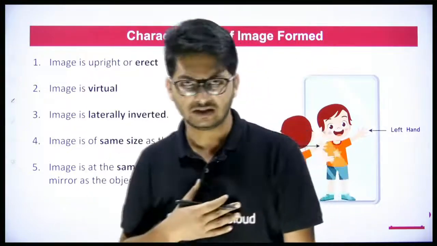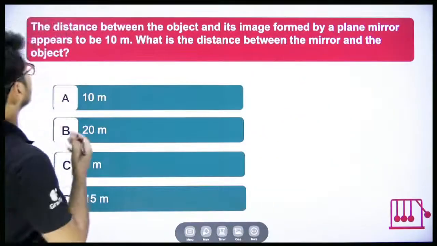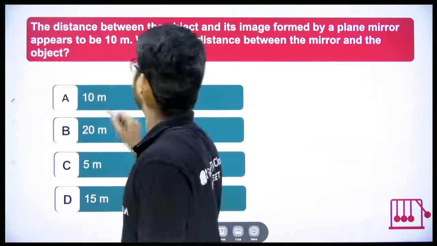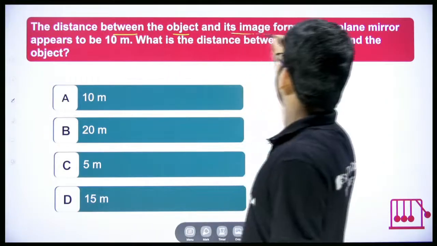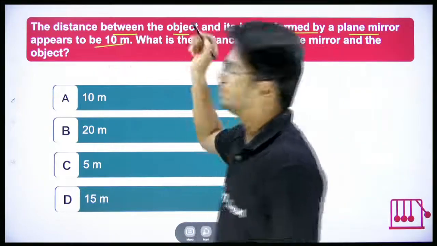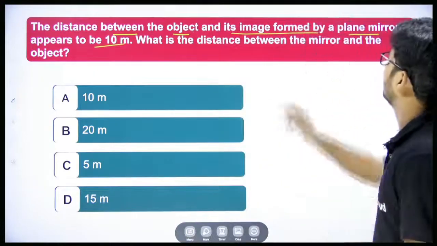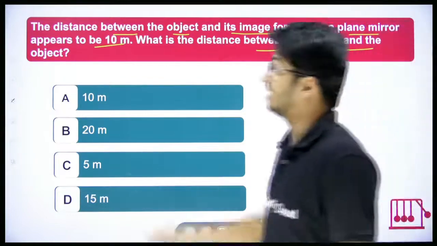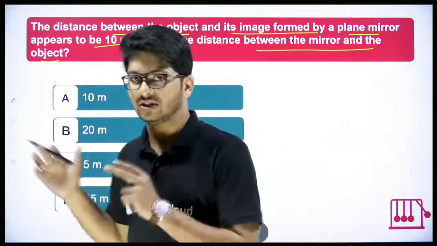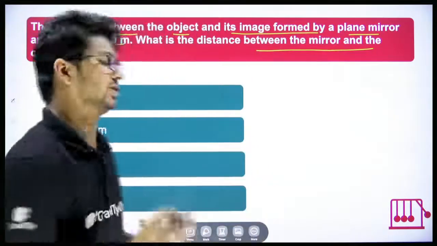Let's go into a few questions, shall we? The first one is here. The distance between the object and its image formed by a plane mirror appears to be 10 meters. What is the distance between the mirror and the object? To understand such questions, it's better to draw the diagram first.